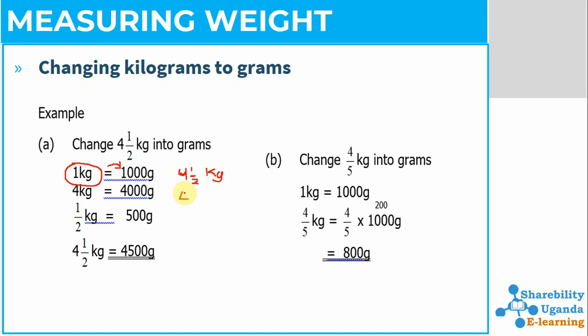So for the 4 kg, it shall be equal to 4 times the 1,000.